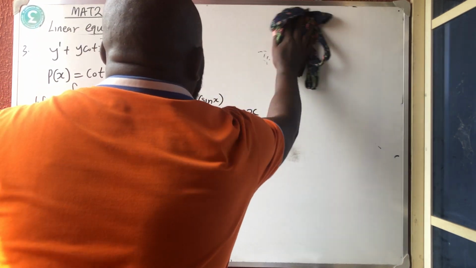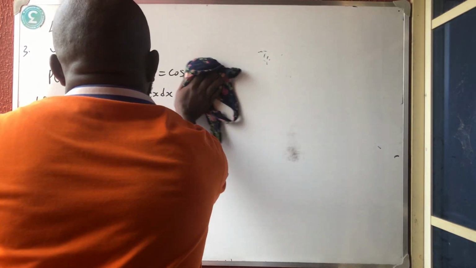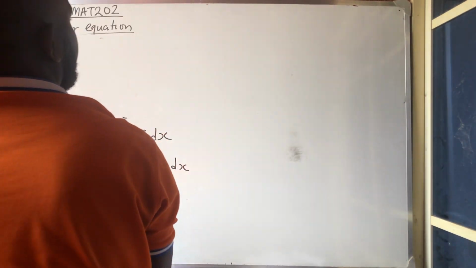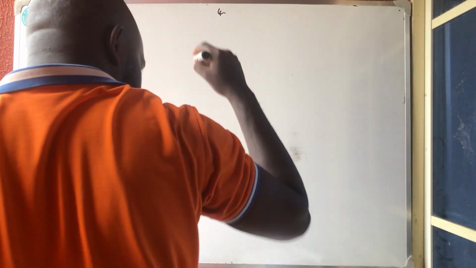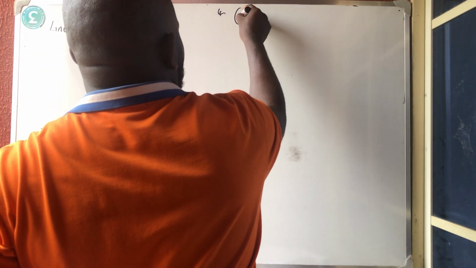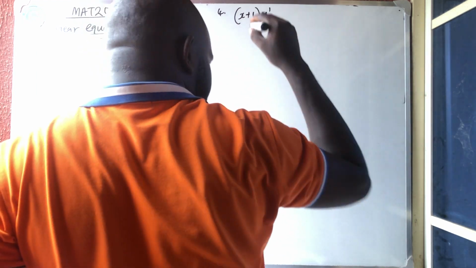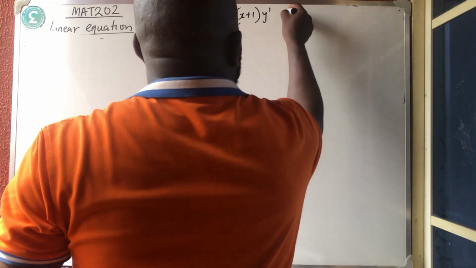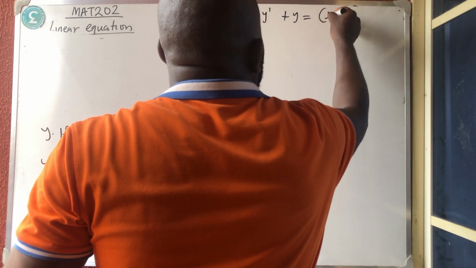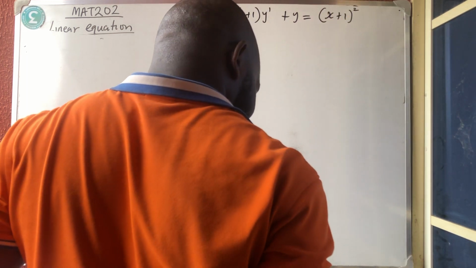Okay, the next question, number 4. Number 4 says x plus 1 y prime plus y is equal to x plus 1 squared.